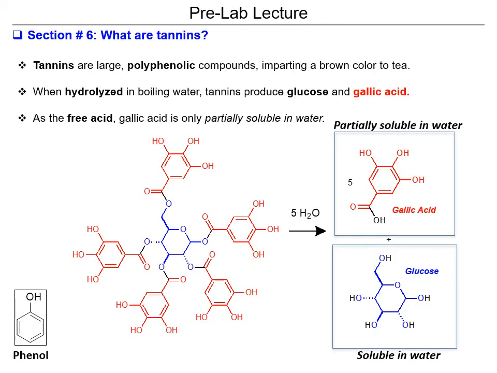One of the major impurities we must deal with are tannins. Tannins are large, polyphenolic compounds which impart a brown color to tea. When hydrolyzed or broken apart in boiling water, tannins produce glucose and gallic acid. As the free acid, gallic acid is only partially soluble in water.